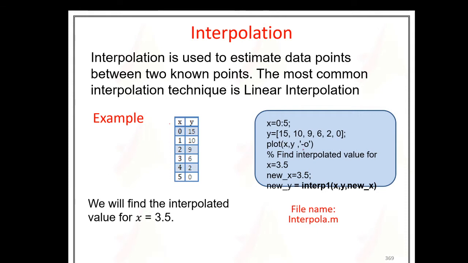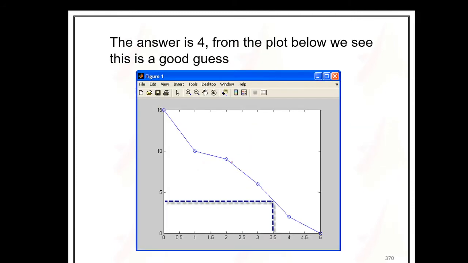Now I am plotting the values to find the interpolated value for x equal to 3.5. For 0 it is 15, for 1 this is the value, for 2 this is the value, for 3 this is the value, and for 4 this is the value, like this. From the plot, you can guess.